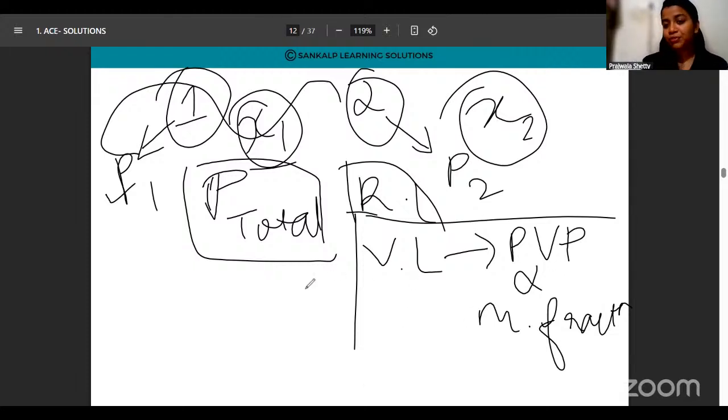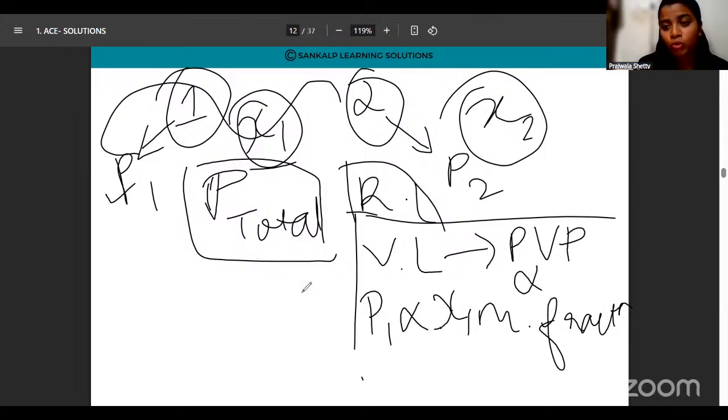As per this definition, what do you understand? Partial vapor pressure of each component. Let us take P1. P1 is directly proportional to its mole fraction, X1.